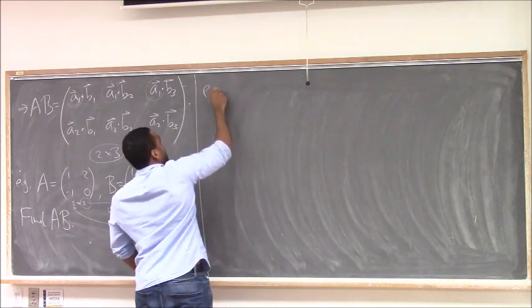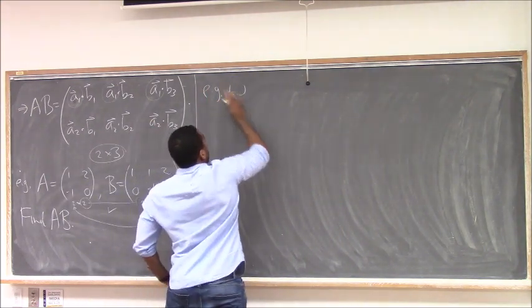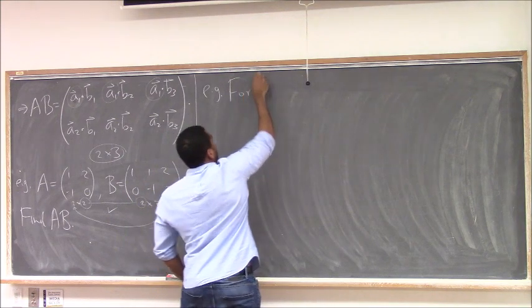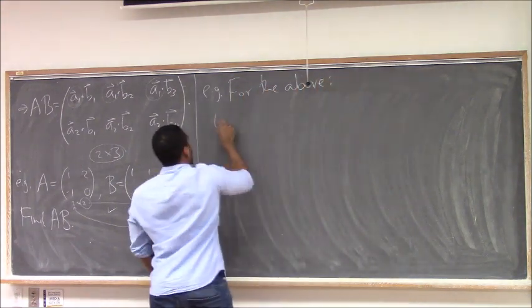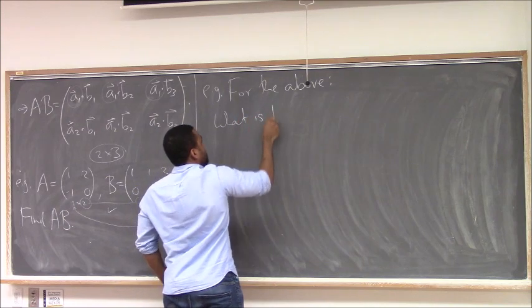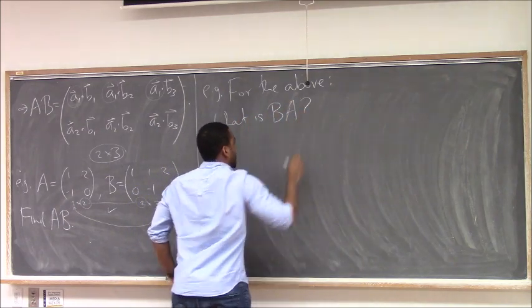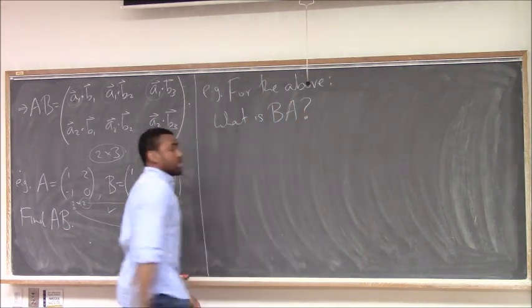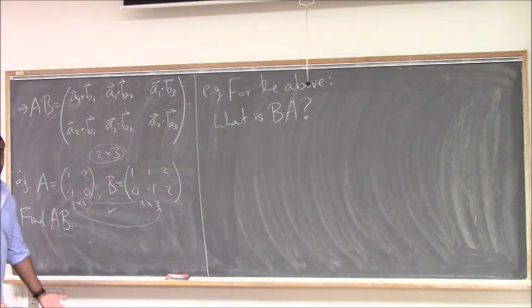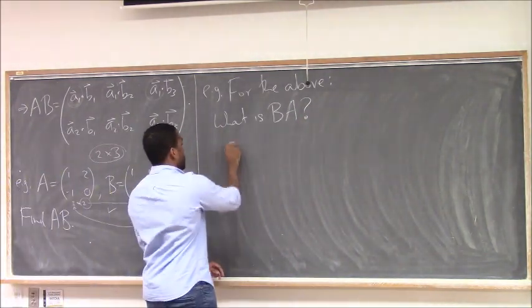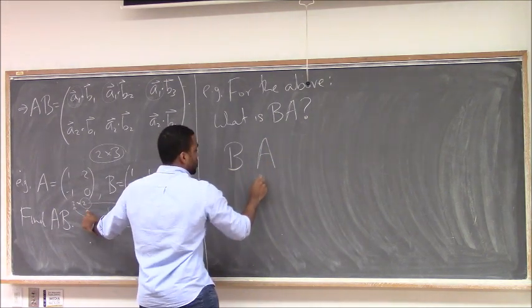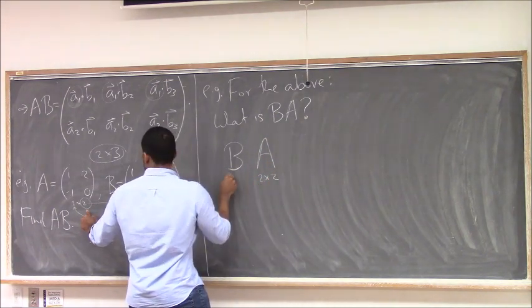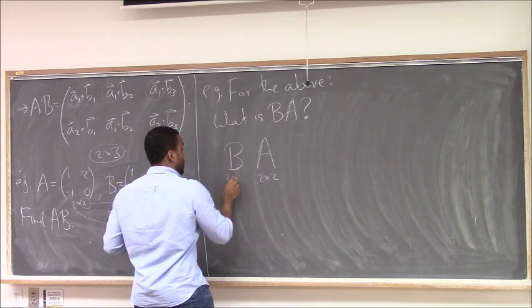Okay, so example. For the above, what is BA? So what do you think? You can't. It doesn't work. If you do B times A, this one was a 2 by 2 and this one was a 2 by 3.